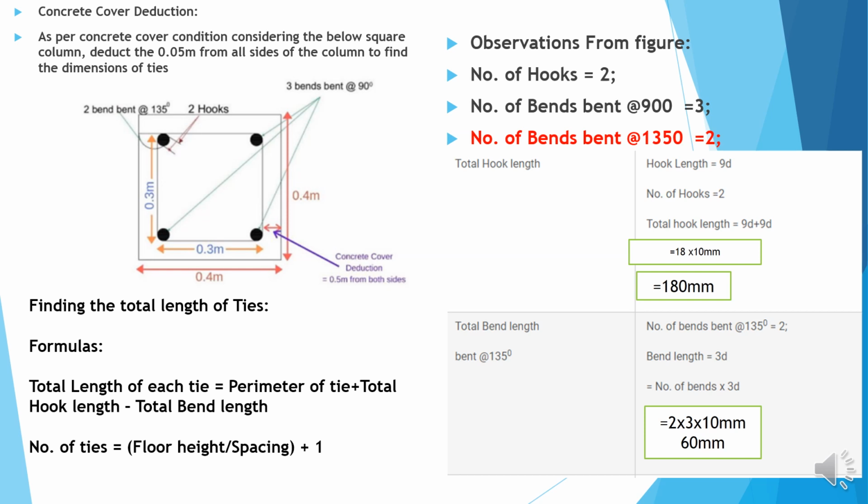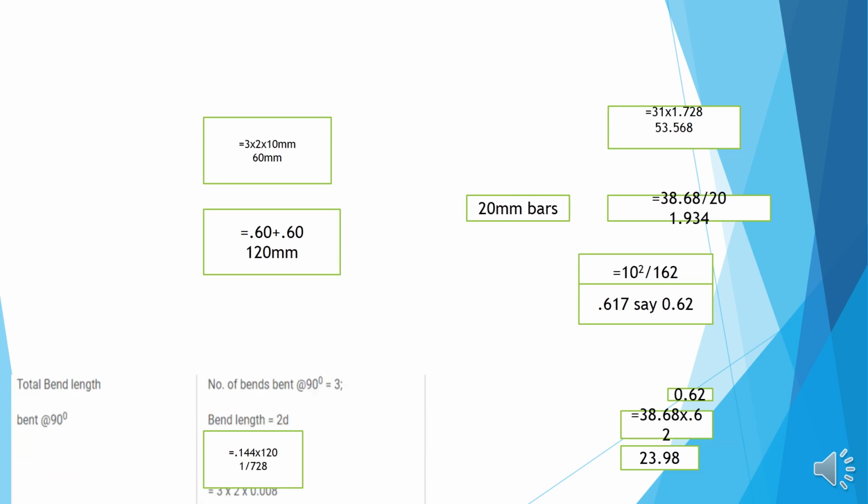Total hook length is equal to 9 dia into number of hooks 2, that is 9d plus 9d, that is 180 mm. Total bend length: number of bends of 135 degrees is equal to 2, bend length is equal to 3 dia, that is 2 into 3 into 10 mm, which is equal to 60 mm.